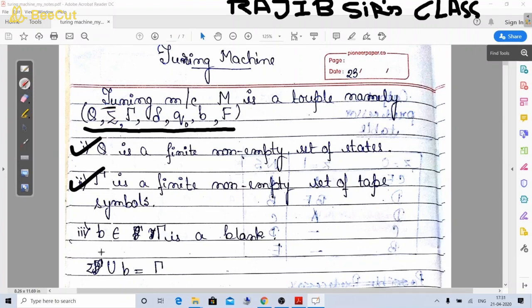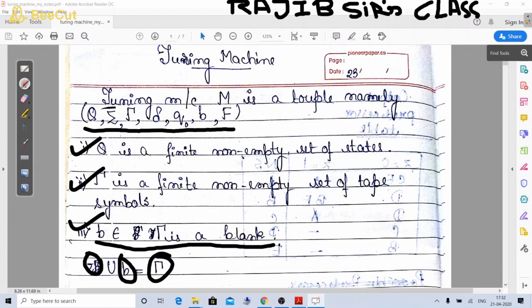And B is basically a blank, which belongs to gamma. So all the input symbols you have, that is your sigma, and along with the blank symbol B, if you do the union of these two, you will get this gamma.